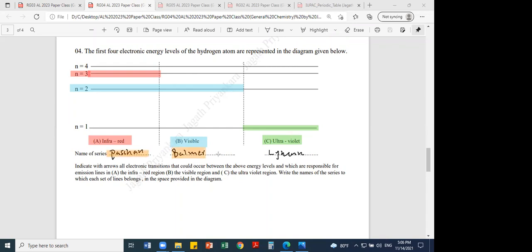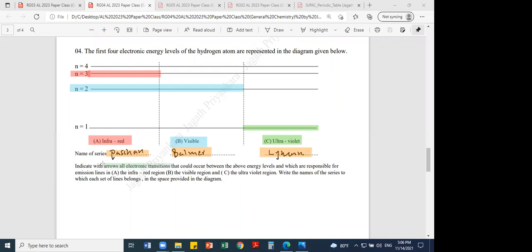Then next one is what? You have to draw the lines. Look at the instruction given at the bottom. Indicate with arrows all the electron transitions that could occur. For this, again I highlight arrows.